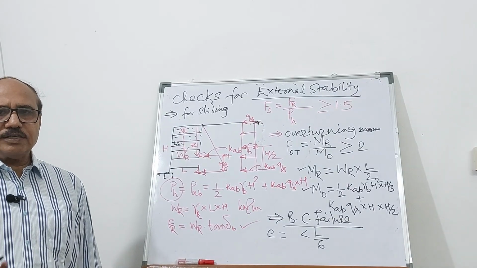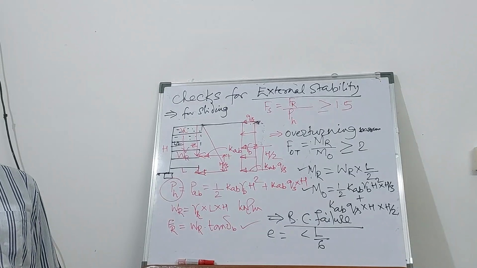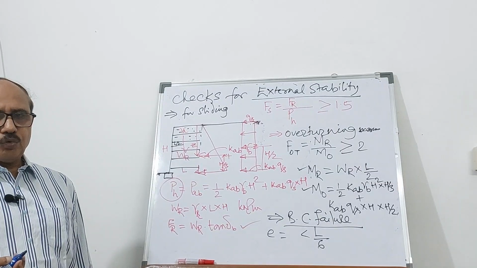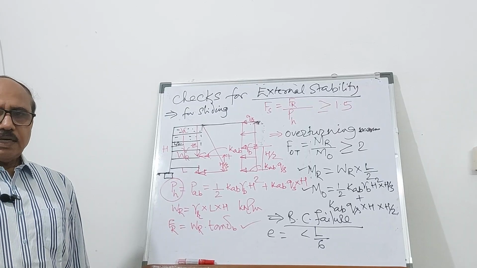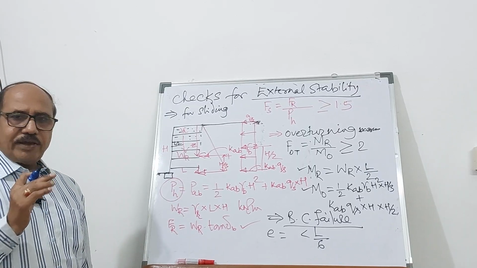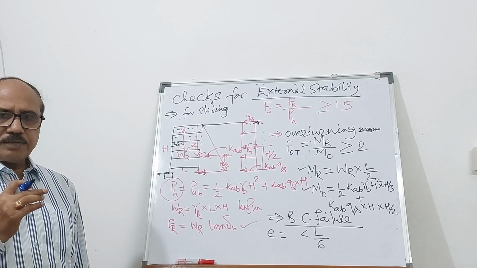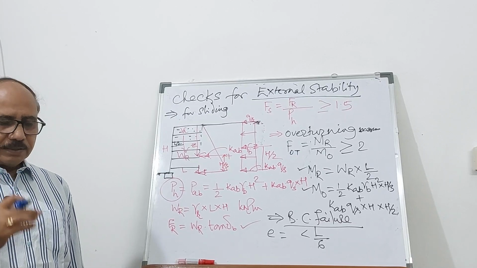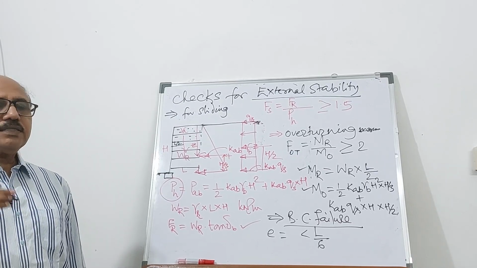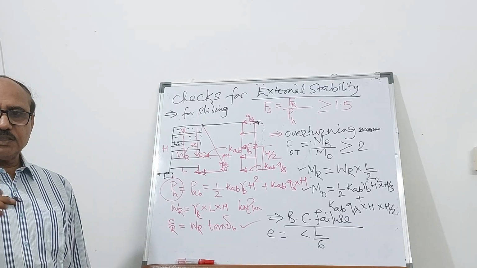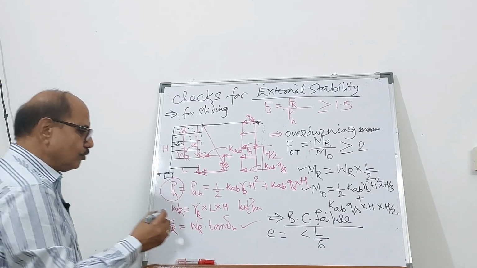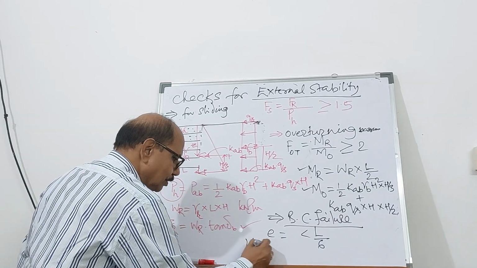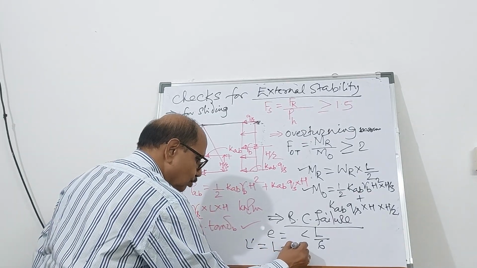And E is calculated very simply from the expression MO, that is the overturning moment, divided by W, that is the weight of the reinforced wall, plus QS, that is the surcharge acting, into L. And then you can find out the effective length. L prime will be total length minus 2 times E.